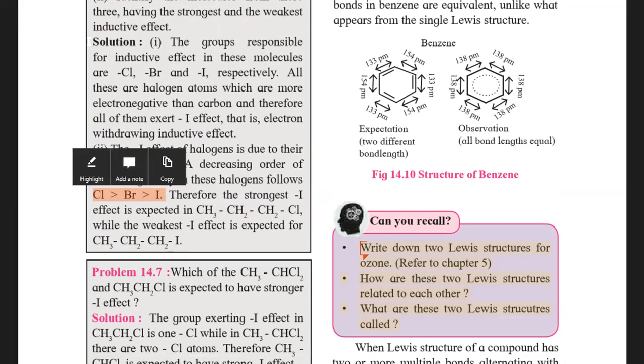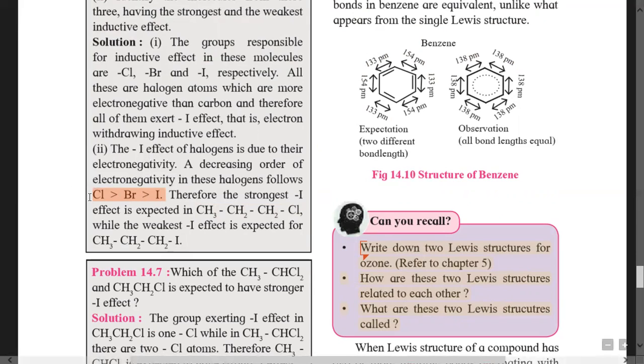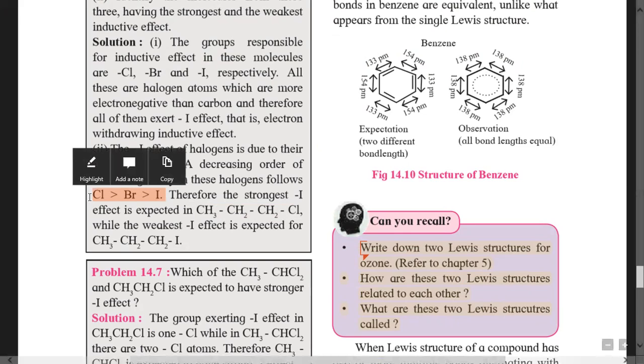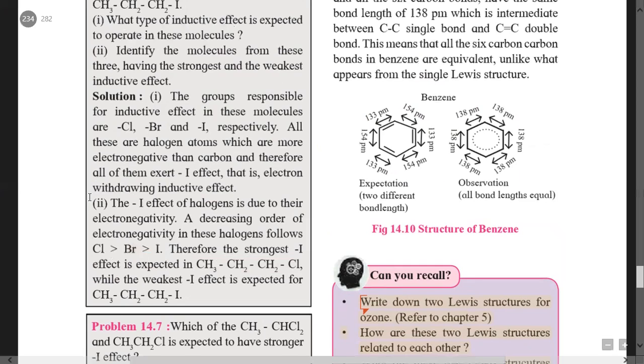But the intensity of this inductive effect is greater in the case of chlorine than bromine than iodine. Therefore, chloride compounds show more inductive effect than bromide than iodide, and the type of inductive effect observed due to these halogens is a negative inductive effect.